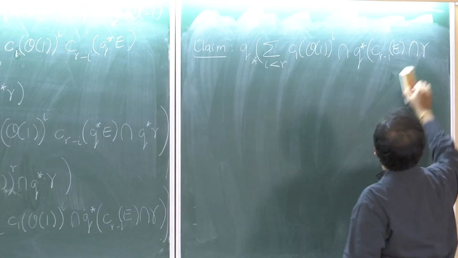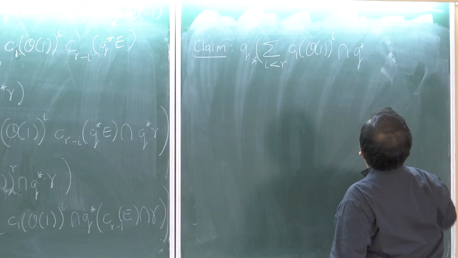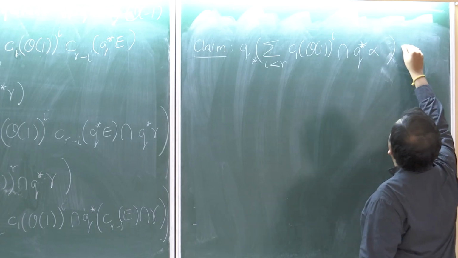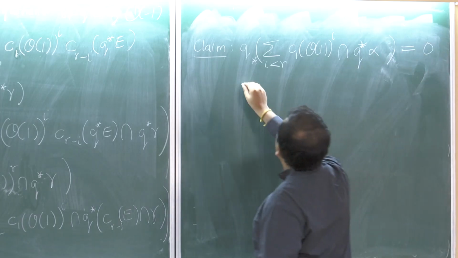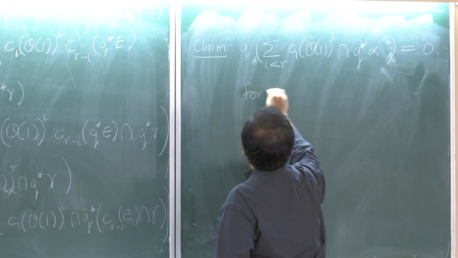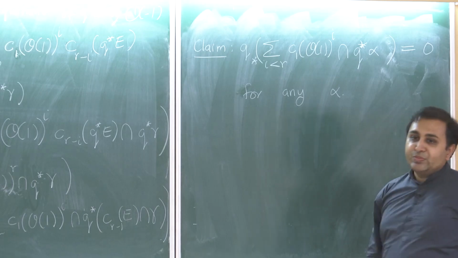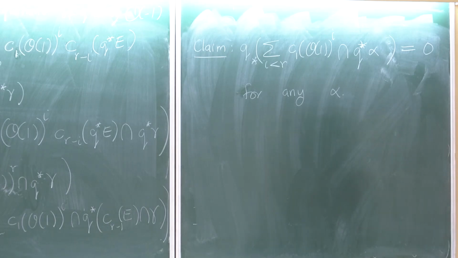Actually, what I claim is that this is equal to 0 for any alpha, where alpha is Q upper star of alpha.